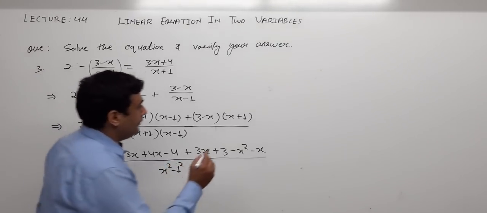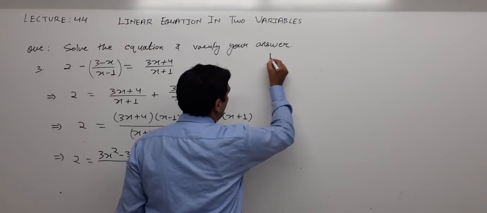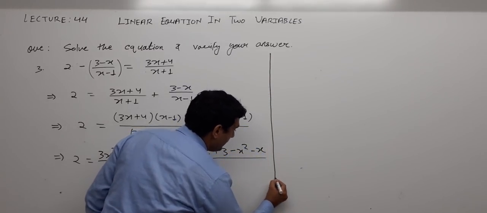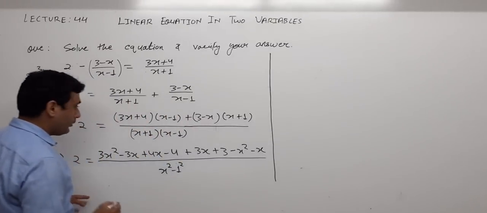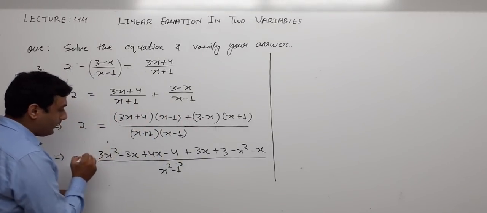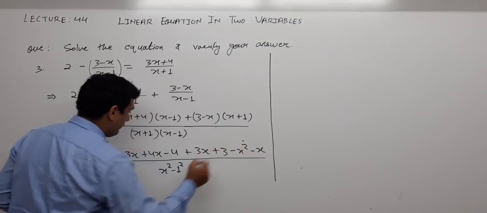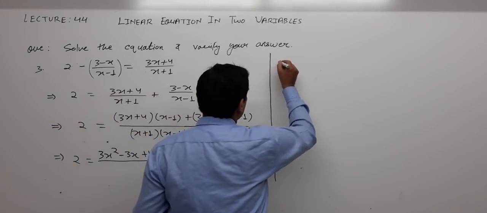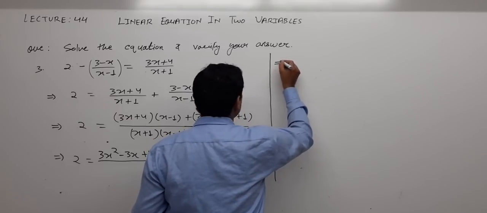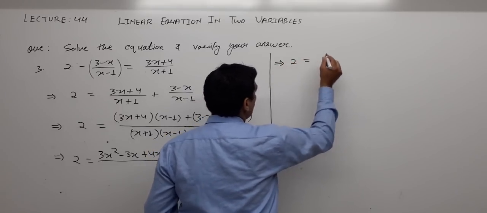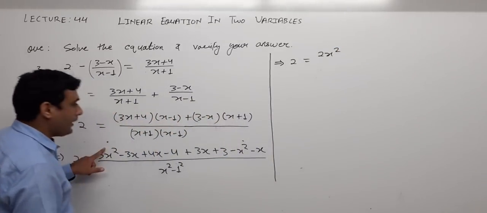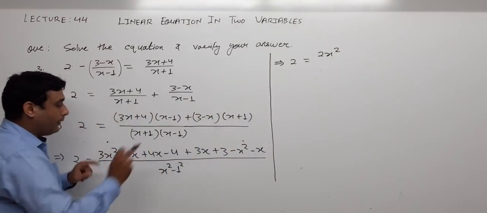Okay, now I will simplify the numerator by adding or subtracting the like terms. So if I talk about like terms, here I have 3x squared, then minus x squared. So 3x squared minus x squared, that is 2x squared.